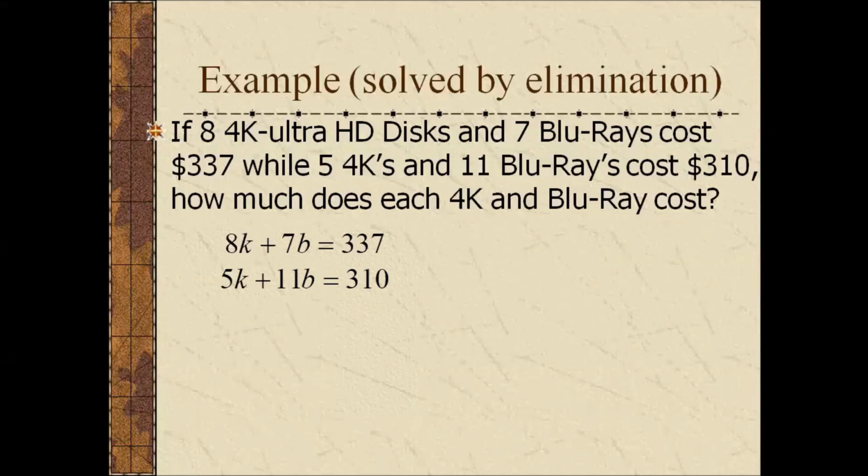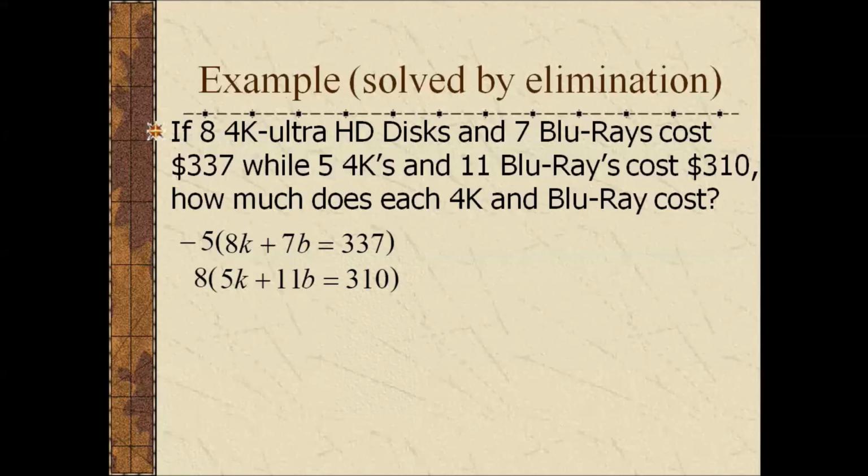Here's how I'm going to do it. I look at the 8K and the 5K, and I want to try to make the numbers in front of K opposite. So I can multiply the top equation times -5. I can multiply the bottom equation times 8. Remember, we're allowed to multiply both sides of an equation by any non-zero number.